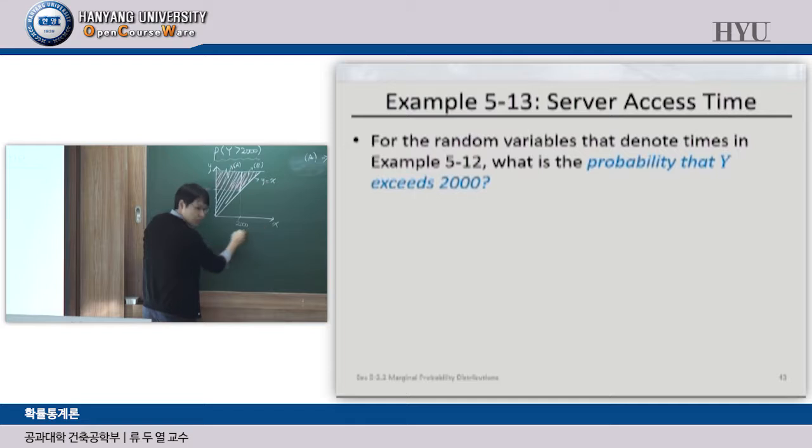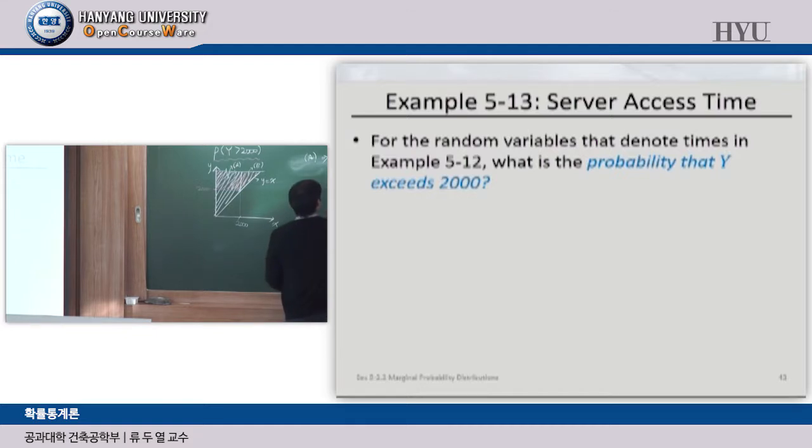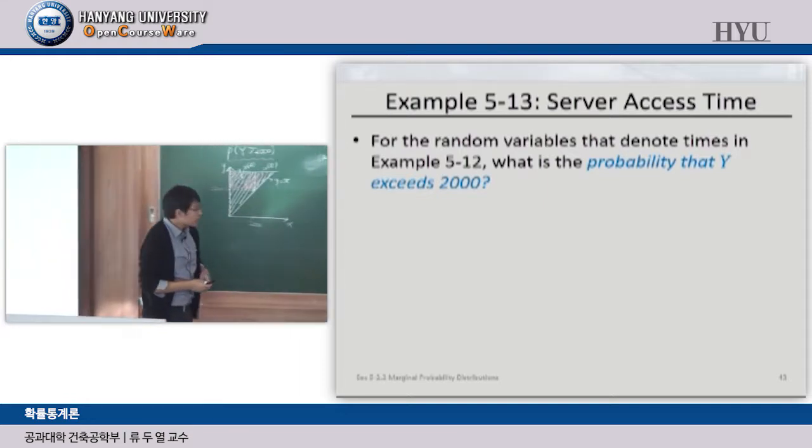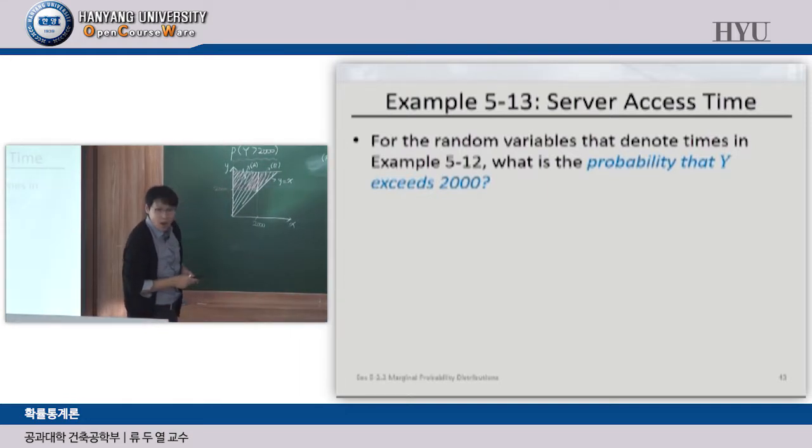So the x should be smaller than 2000, right? Because A is this shaded area. Okay? So for the x, that should be between 0 and 2000. Since the random variables x and y denote time, there will be no negative time, which means that the x should be larger than 0. Okay?